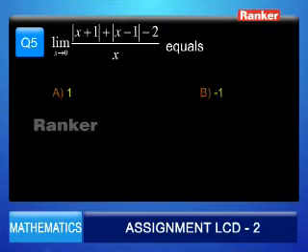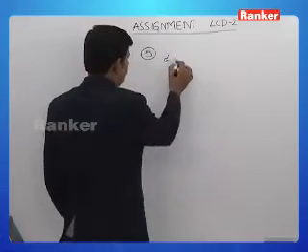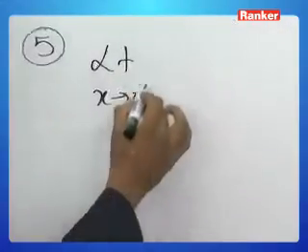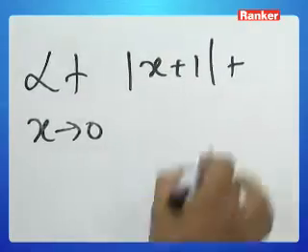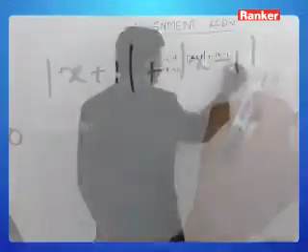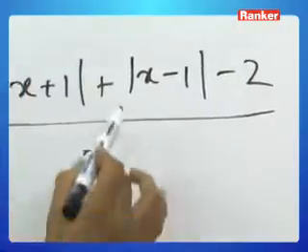The limit as x tends to 0 of modulus of x plus 1 plus modulus of x minus 1 minus 2, divided by x. We have to evaluate this limit.